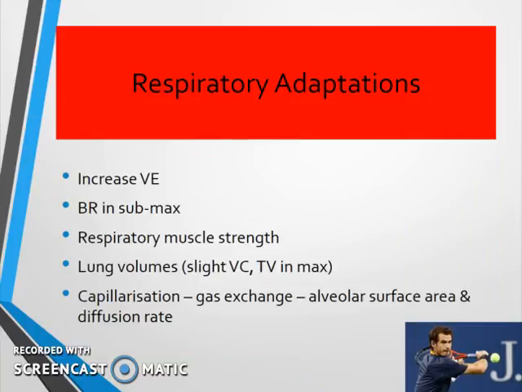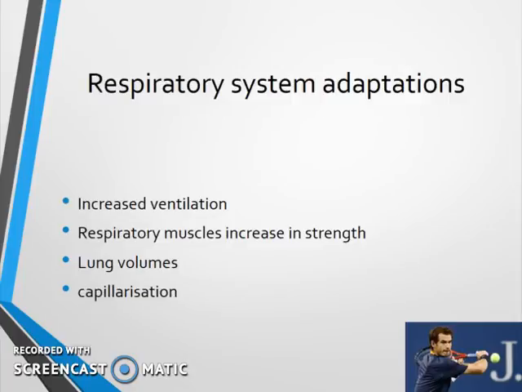So, respiratory adaptations, the respiratory system adaptations. Increased ventilation would increase due to the increase in breathing rate. This is because when we are exercising, our muscles increase in oxygen demand.